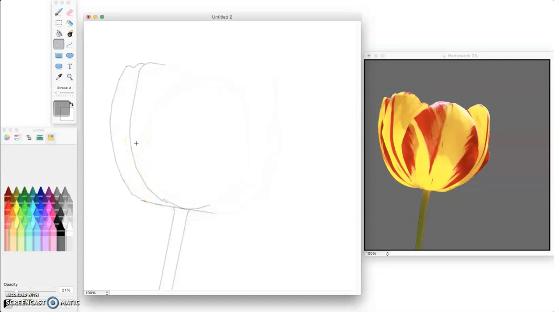Now, it took me about 15 minutes to do this drawing. I can't guarantee that it's going to take you 15 minutes. In fact, I would be shocked and amazed if it did. It's probably actually going to take you longer. I have experience. I've been down this path many times, so I encourage you to just have patience with the process and allow yourself the time and energy that it's going to take to learn how to do this.